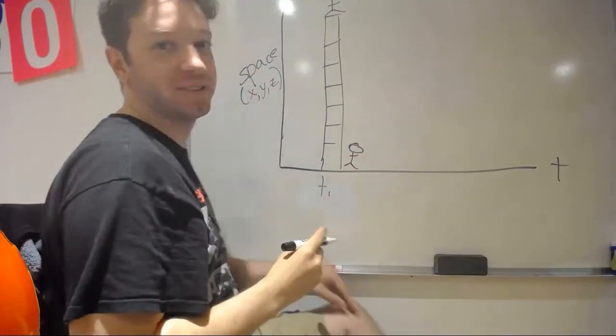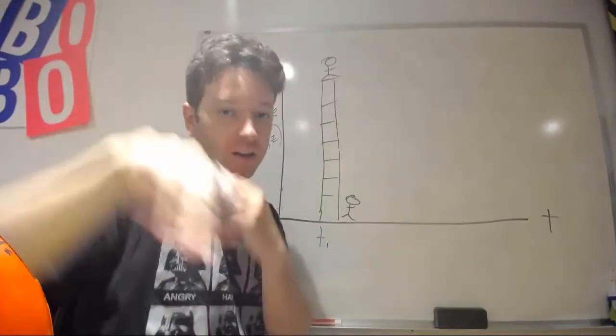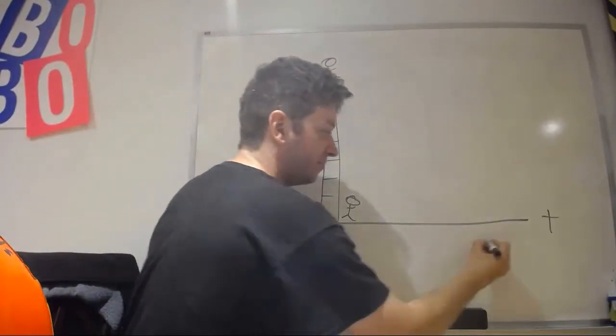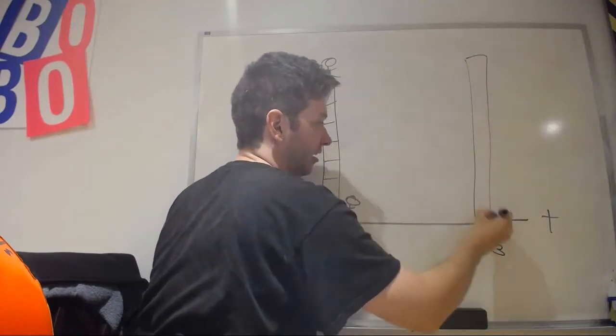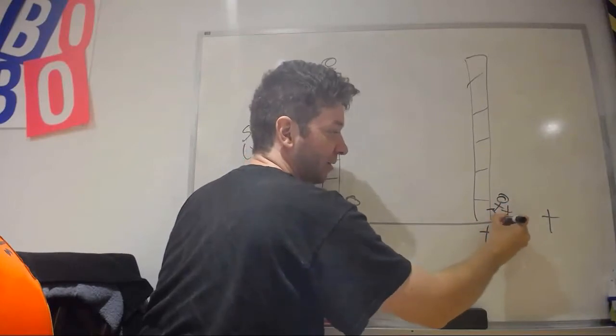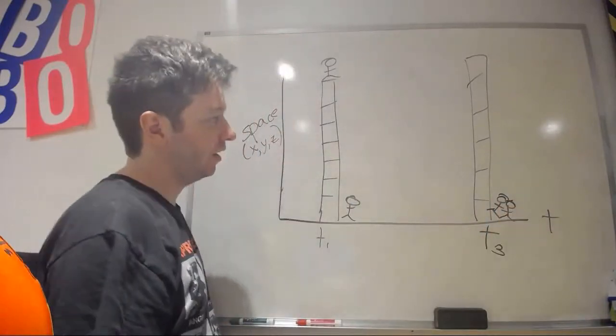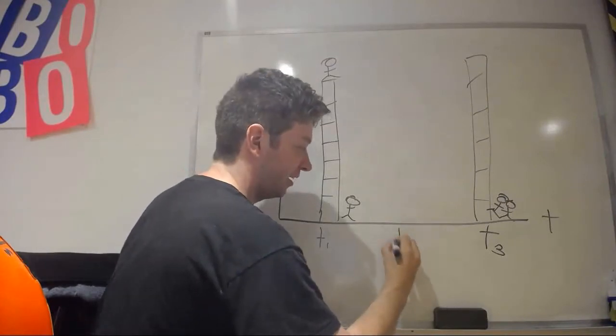Sorry, stick people is the best I can do. Just move this up so you can see. Okay, then at some time later, t3, here's your ladder, and this is where Alice reaches the ground and is caught by Bob. And then at some time exactly in between t1 and t3, we'll put t2.